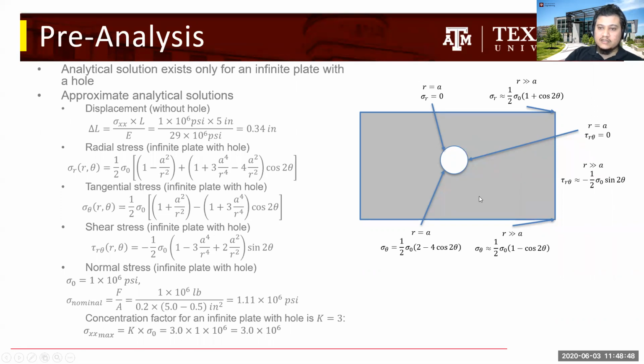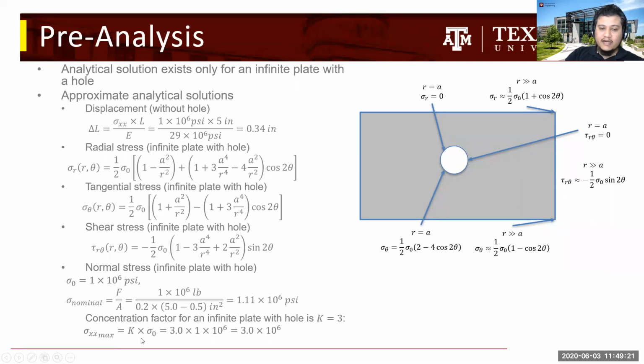But since there is a hole in the middle, it is going to create a concentration of stress around this particular hole. So this relation can be used to approximate the maximum value of normal stress in the x direction around a circular hole. For a circular hole in an infinite plate, the concentration factor K is 3.